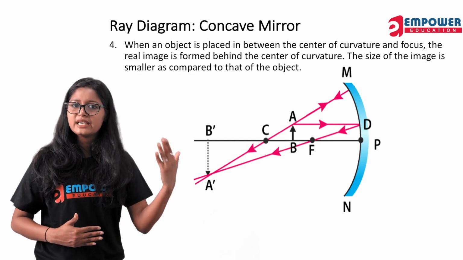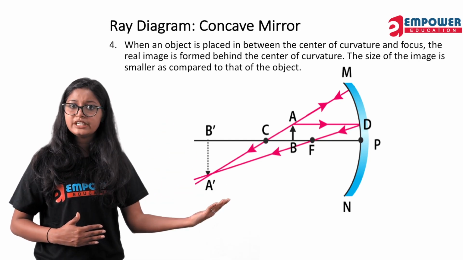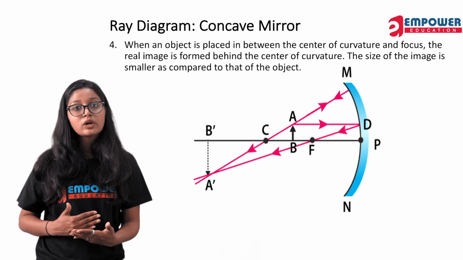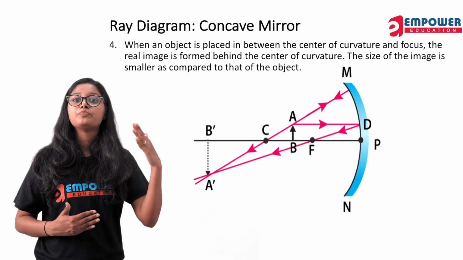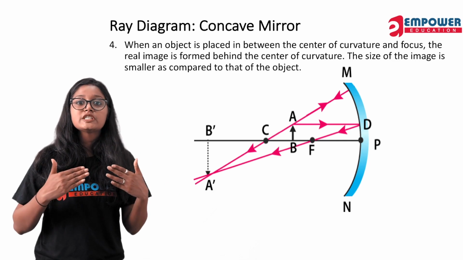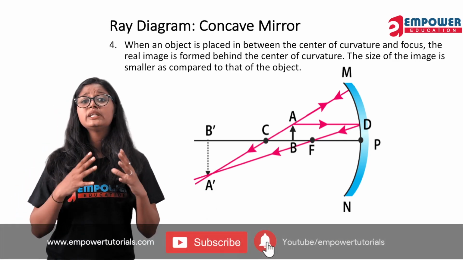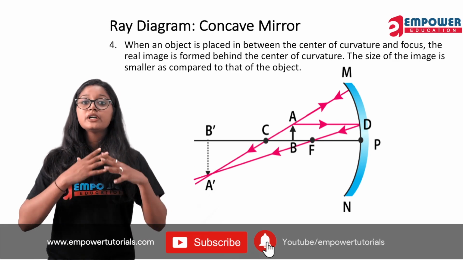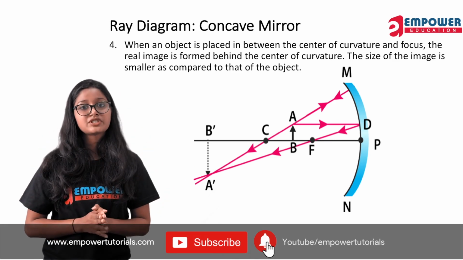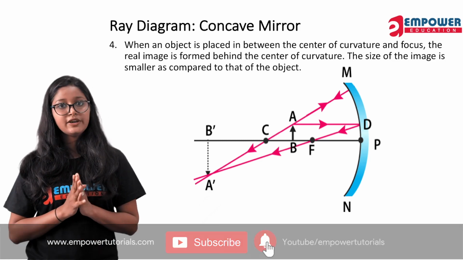When we place an object at infinity, the image is formed at the focal point. If it is placed beyond C, the image is formed somewhere between F and C. So these are the different ray diagrams that we have studied for a concave mirror.